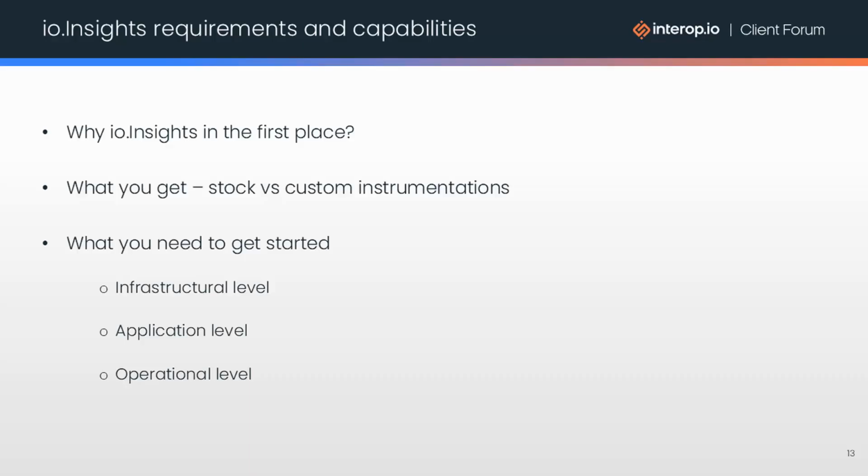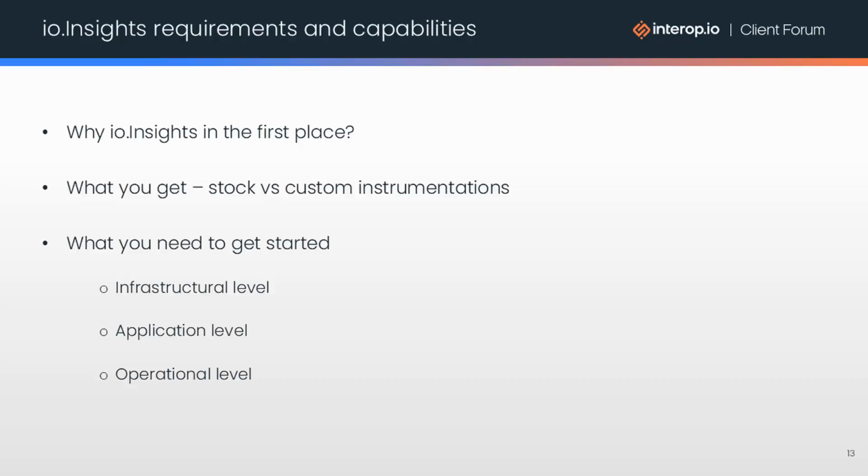Just like io.Connect is the plug-and-play framework where your applications need to do the minimum necessary lifting to work together, similarly, io.Insights is the framework that allows your applications to do the minimum required in order for you to get useful telemetry right off the bat.